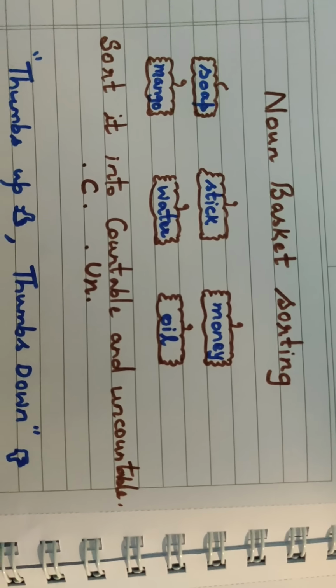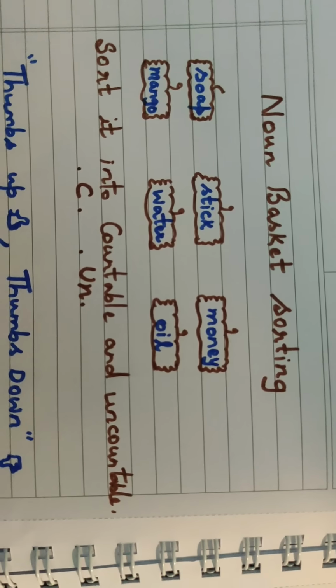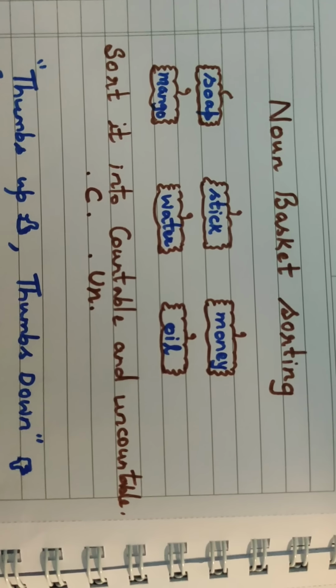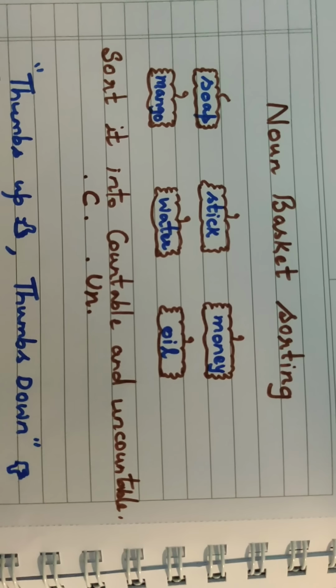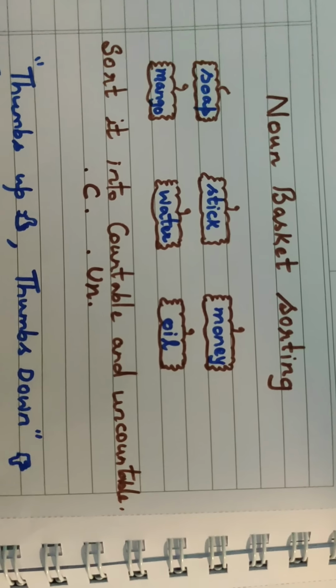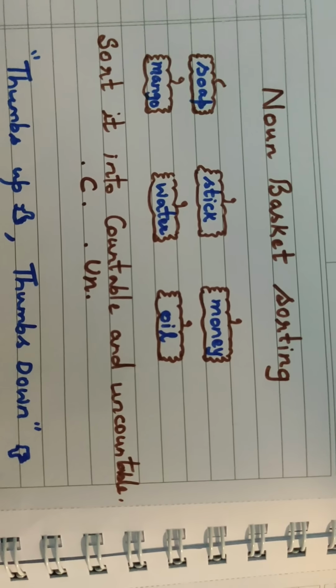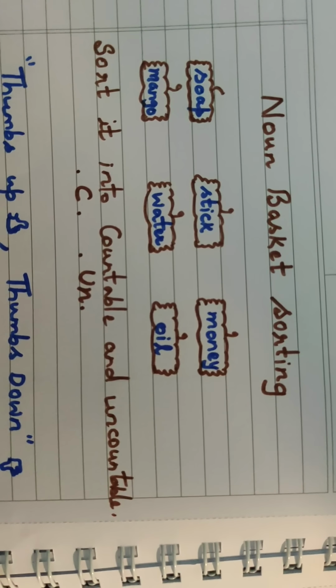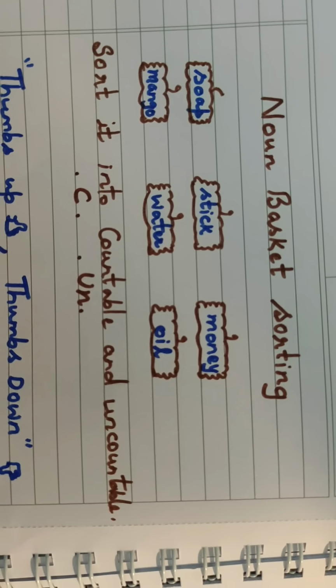Water, no. It is uncountable. You cannot say how many water there are. You will say how much water there is. Then oil. Oil also comes in quantity, so it is 1 liter, 2 liters, like that. Oil packets can be counted, but oil cannot be counted.